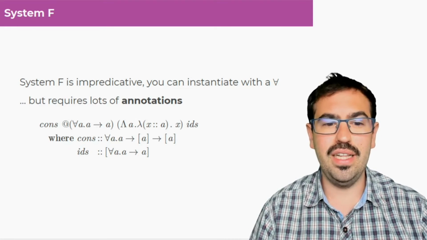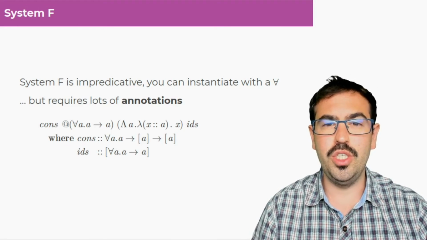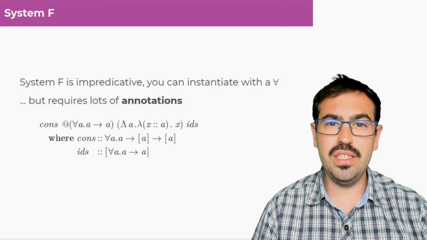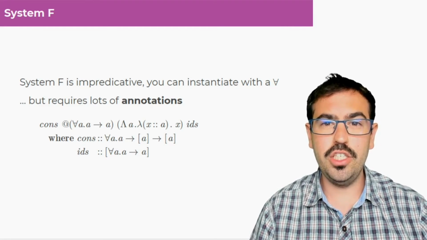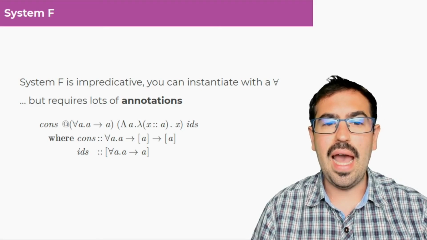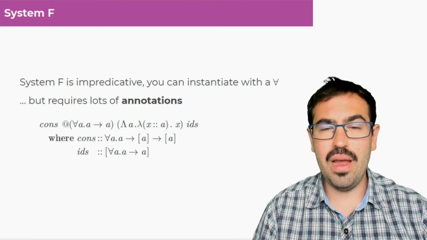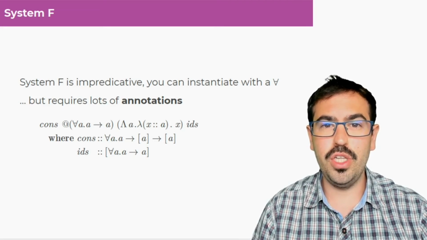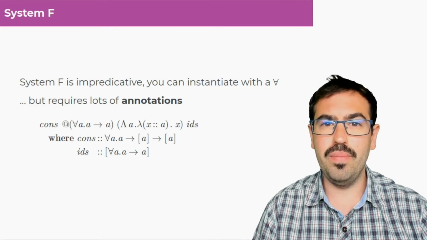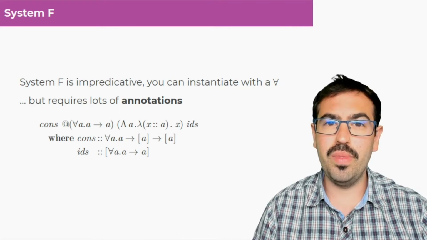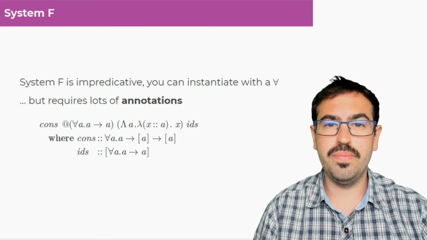You need to annotate. In fact, in System F, you need to annotate every time you instantiate with a type application, like I'm doing here with add for all a to a, and you also have to annotate every time you generalize, every time you need to have a forall in a type, with a big lambda, like I'm doing here in the big lambda for the first argument.